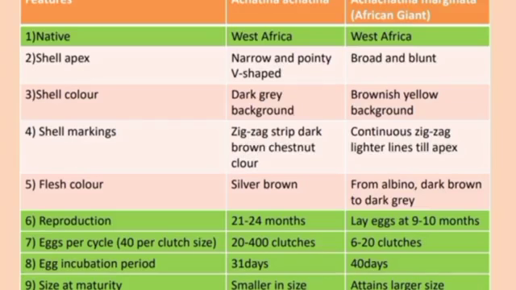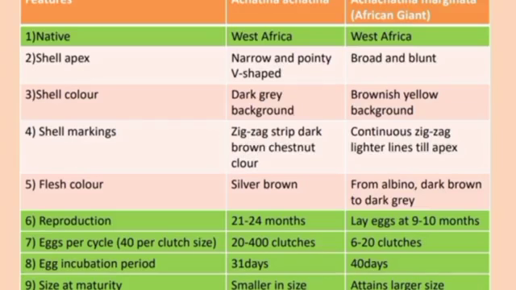This reproduction in breeds of snail means they lay eggs at 21 to 24 months or at 9 to 10 months of maturity.